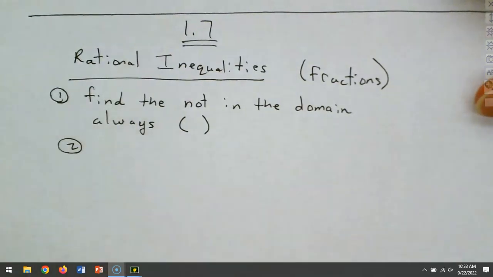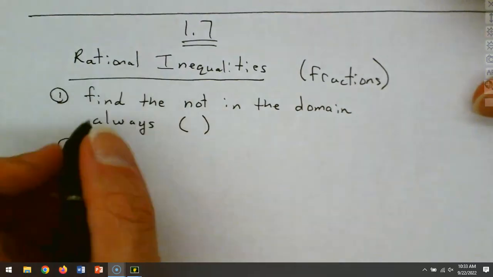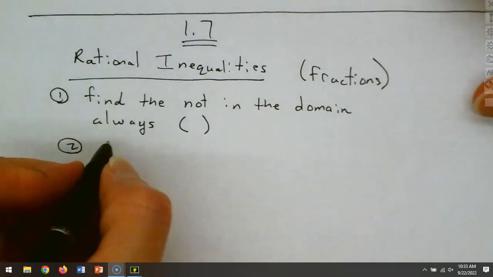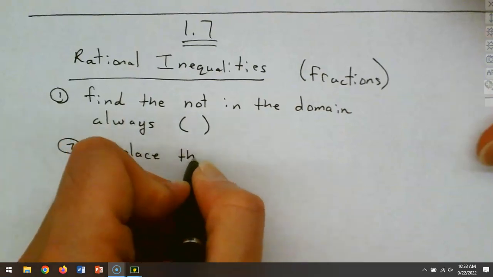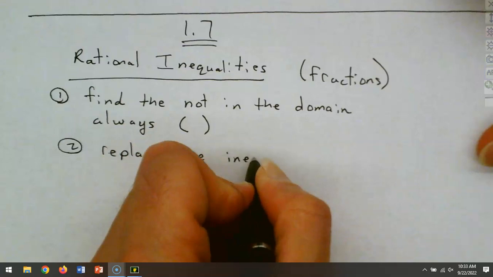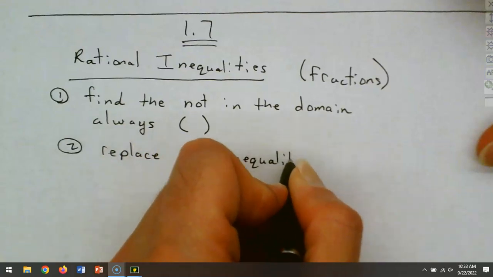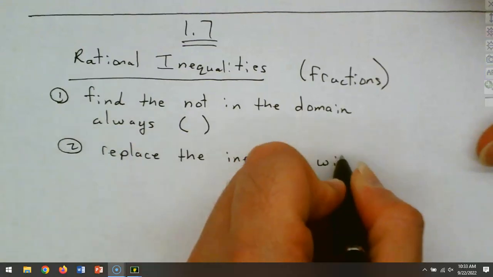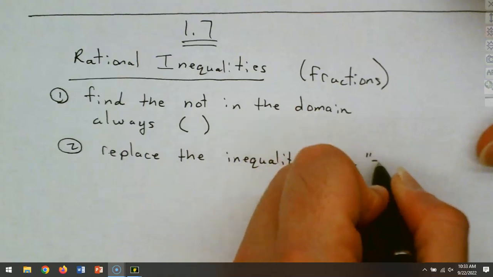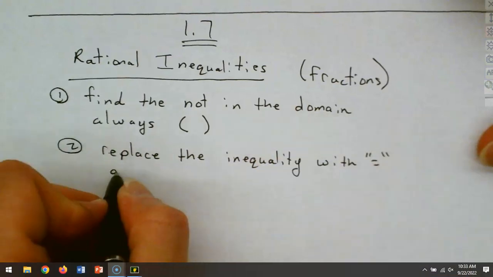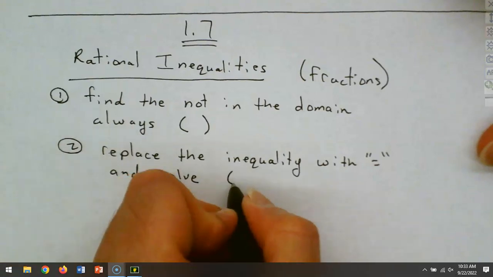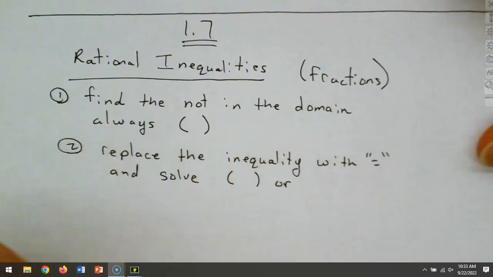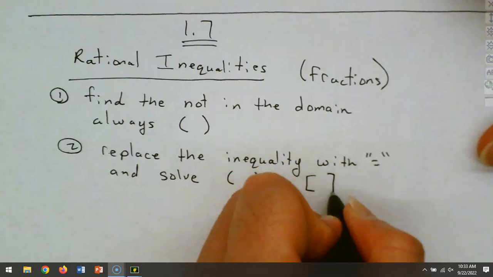Step number 2 is you solve with an equal. So replace the inequality with an equal sign and solve. And this can have either parentheses or it can have square brackets.